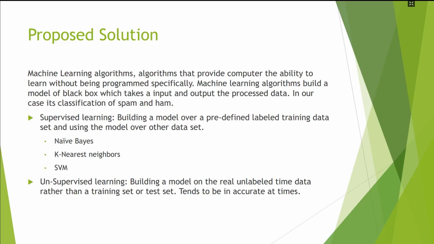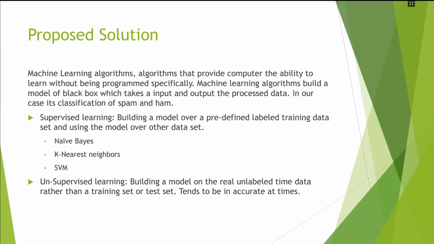So in machine learning, there are two major concepts: supervised learning and unsupervised learning. In supervised learning, we build a model. A model is like a black box where we input our email, and on the other end comes a classification whether it's ham or spam.